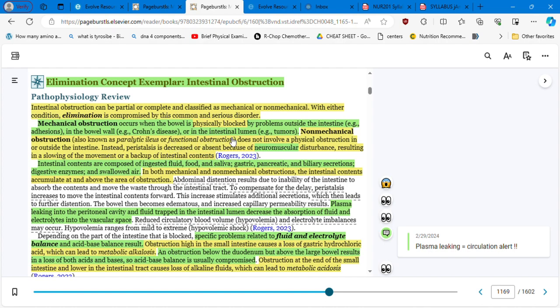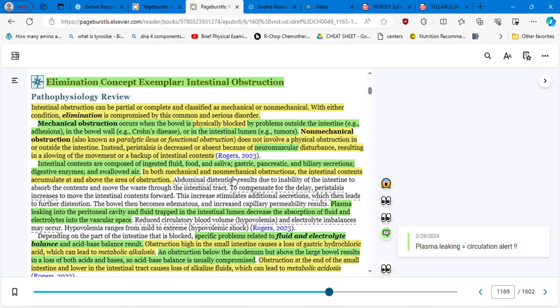Or functional obstruction, also known as paralytic or functional obstruction, does not involve a physical obstruction in or outside the intestine. Instead, peristalsis is decreased or absent because of neuromuscular disturbance, resulting in a slowing of the movement or a backup of intestinal contents.